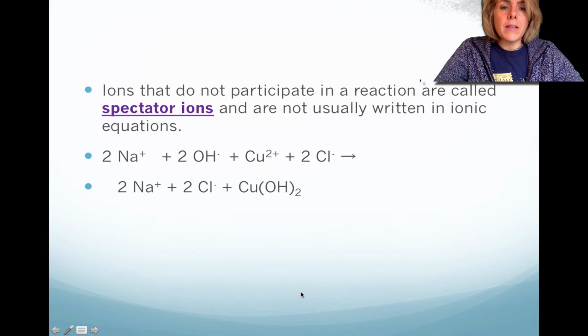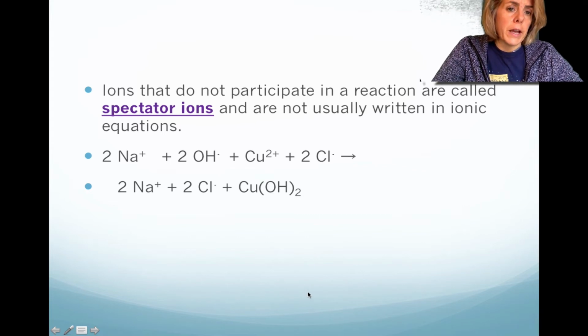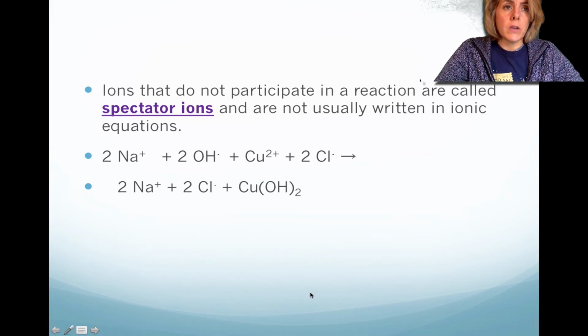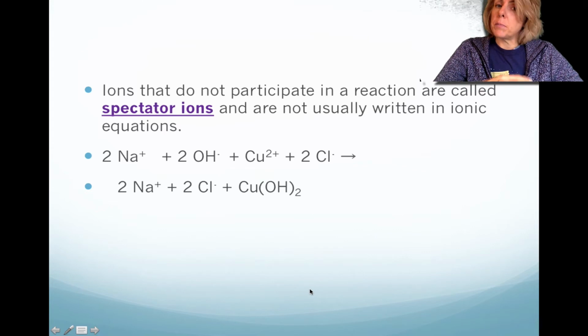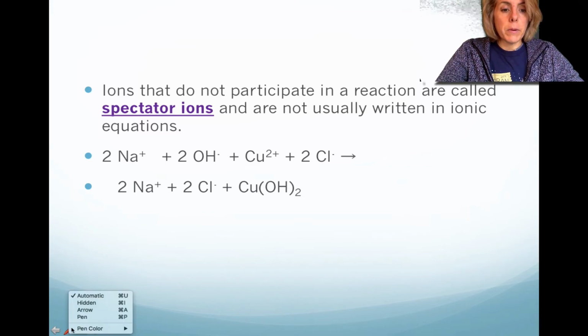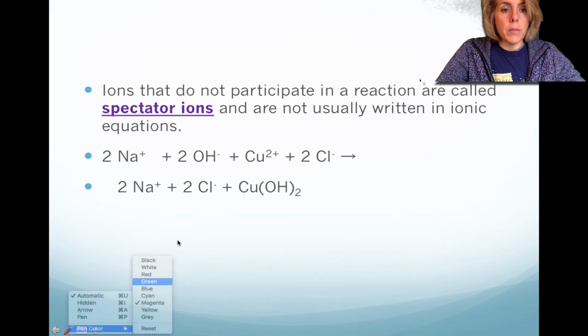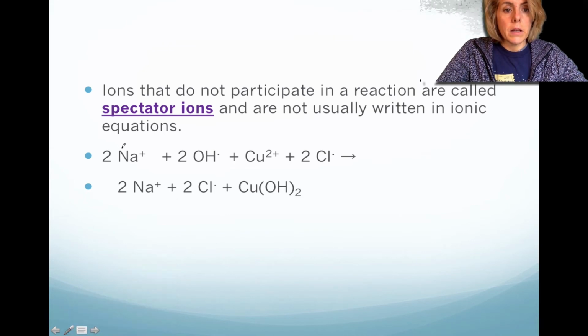Now, there are ions that actually do not participate in a reaction, and we call those spectator ions. So like going to a football or a basketball game, you're not actually involved in the game, you're just watching it. And spectator ions do the same thing. They just watch the other ions react with each other. So here we have a number of compounds, or I should say elements, that are not participating. So sodium, I'm going to cross it off because it appears the same way on both sides of the arrow.